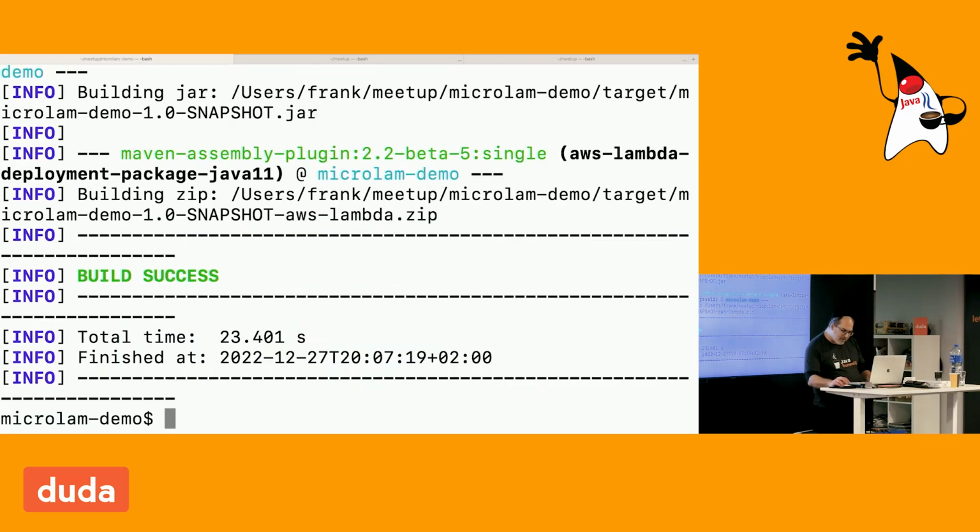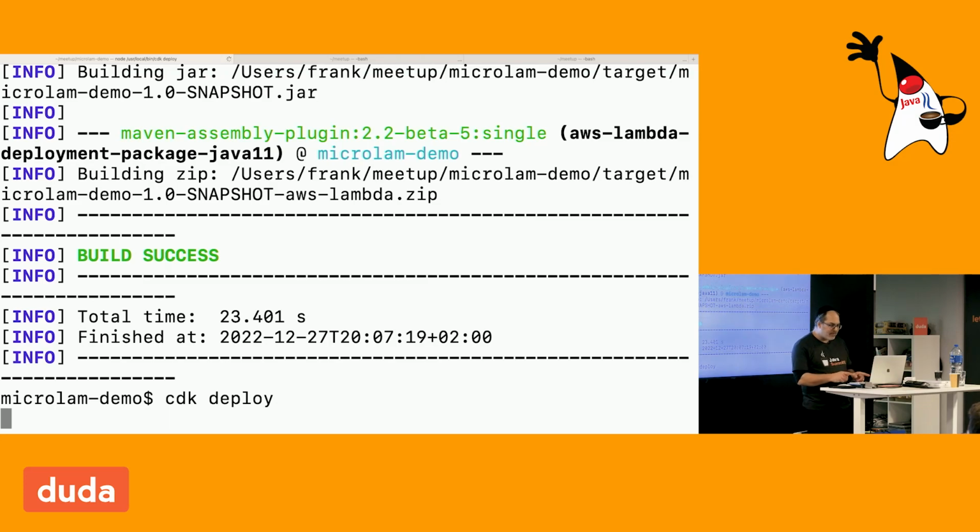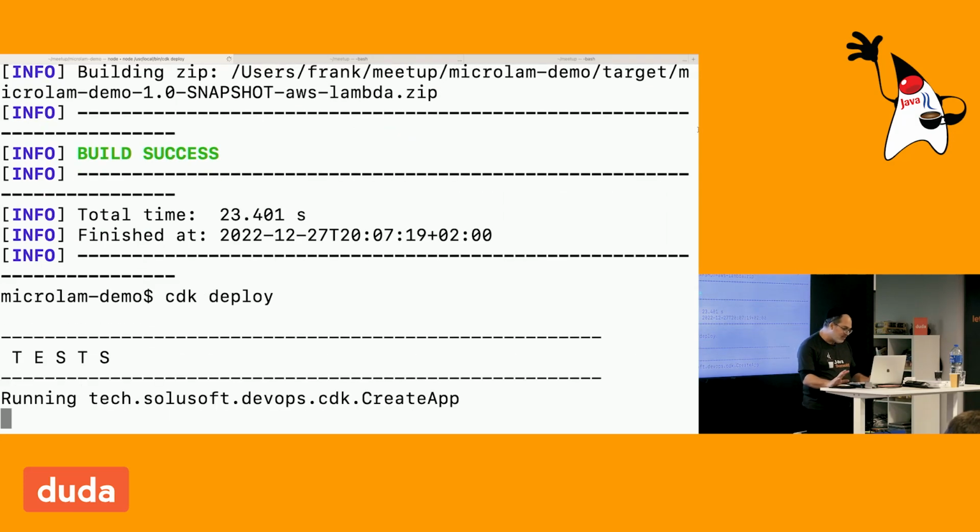So we have here the target. Inside the target, you see the file with the suffix AWS Lambda. So it's a standard Lambda package. You can deploy this. And to deploy this, I will start the CDK deploy. I will not wait for it to finish, but we can see the beginning eventually. And I will do in parallel the work for the other project.